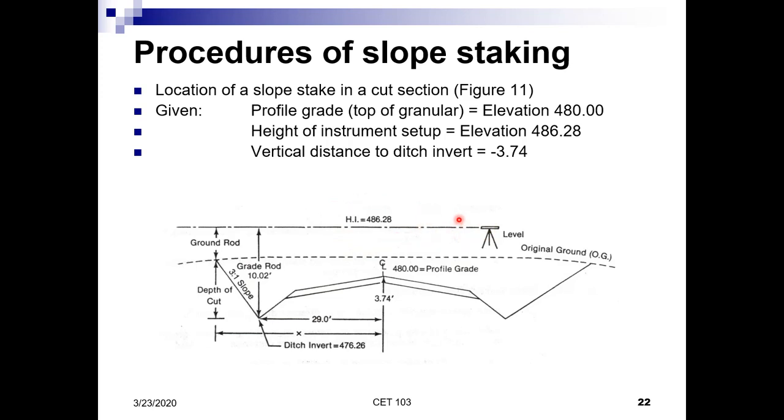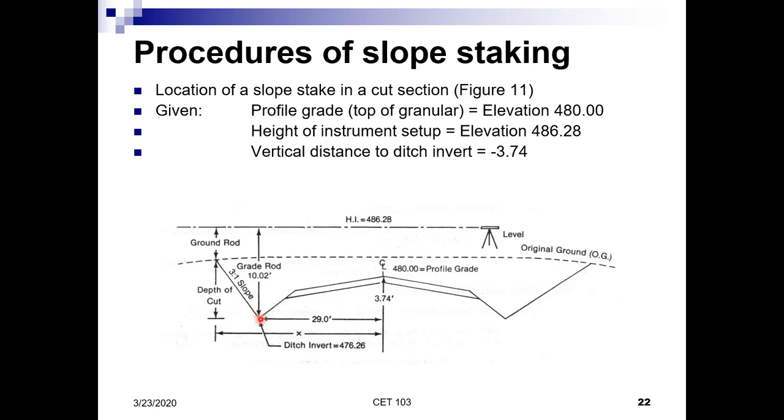From the profile grade, we find the design elevation is 480.00. The elevation differential is 3.74 between the center line of the roadway and the bottom of the ditch. So what we are looking to do is take this 480 elevation and subtract the 3.74 so that we can find the elevation of the ditch line at this particular point.